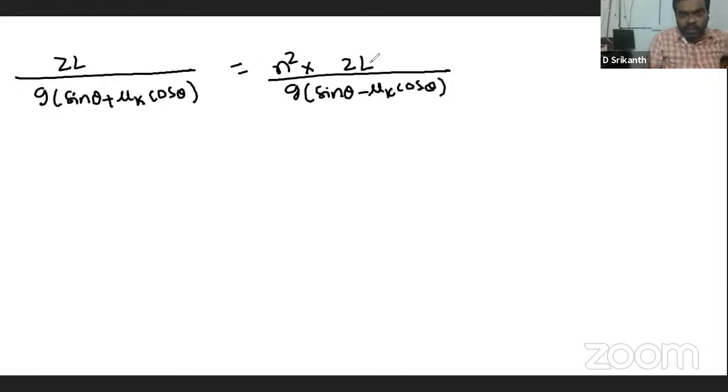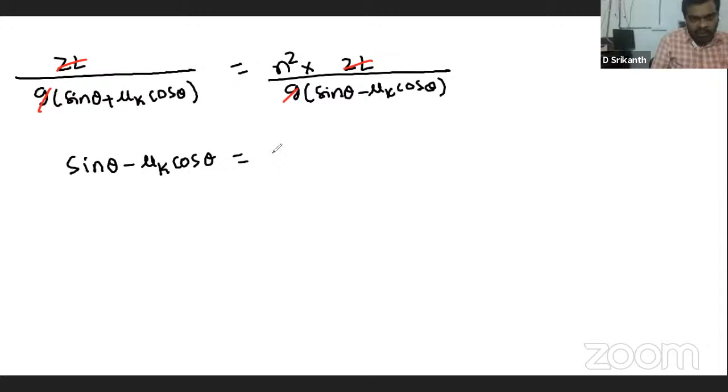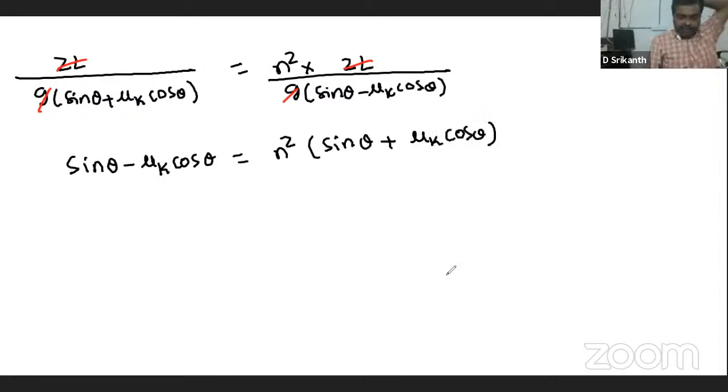Both sides 2L by g cancel. So, cross multiplying, sin theta minus mu k cos theta is equal to n square into sin theta plus mu k cos theta. On both sides I will take cos theta common.